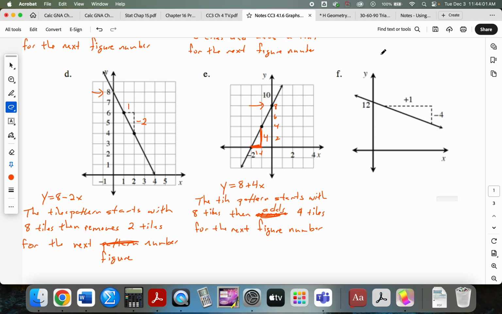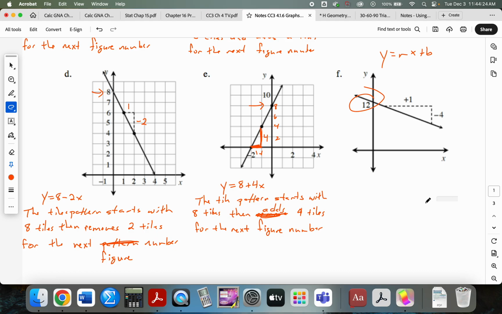If you want to do it in y equals mx plus b form, which is fine, the b has to be where you cross the y-axis. That's what I did. 12 is there. What did you write? Read to me what you wrote down, please.